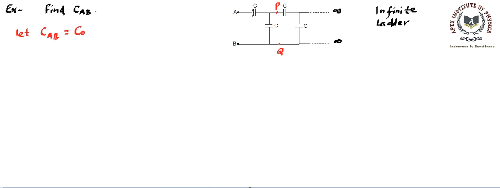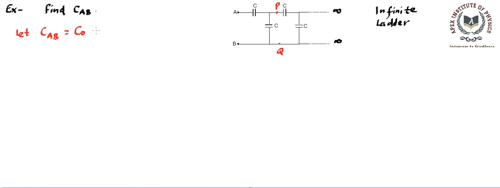So if out of infinite values we remove one value, it hardly matters. That means across P and Q, we will find a similar infinite ladder. In fact, it will be the same for all practical purposes.